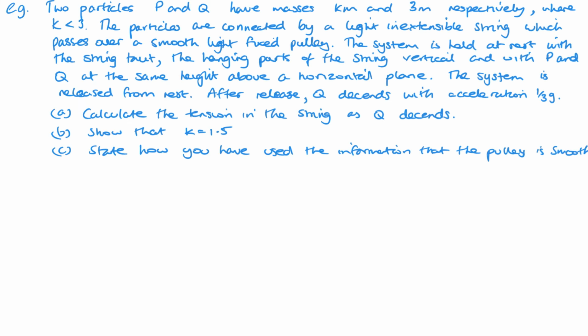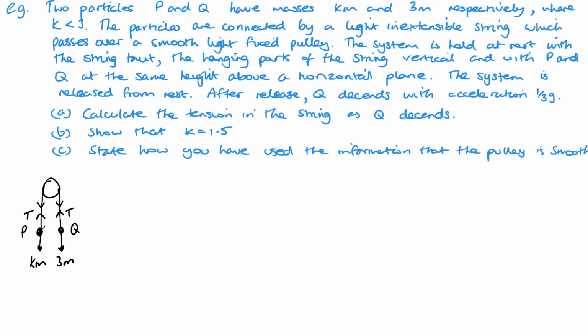So let's get stuck in with an example. First things first, we want to do a very quick little sketch here. We've got a pulley, and we've got two masses on it. This one's going to be km and one is going to be 3m, P and Q. Then I've got to think about tensions in my string, and these will act in both directions.